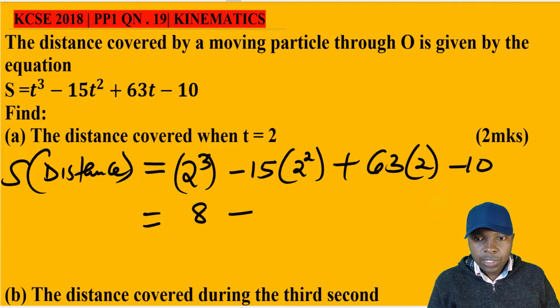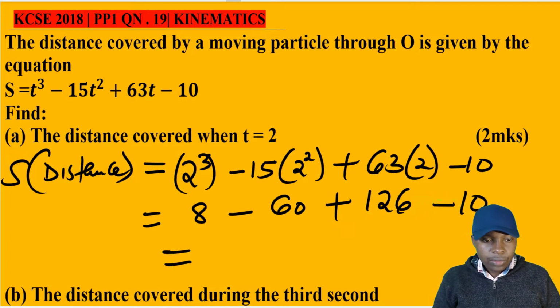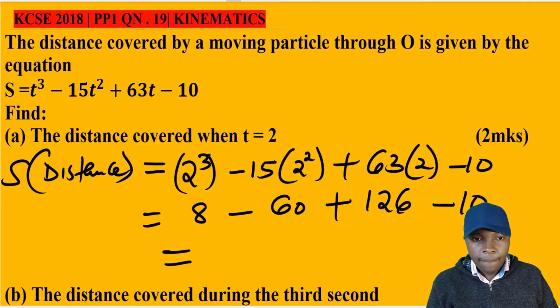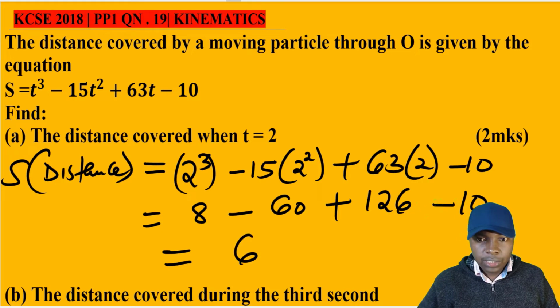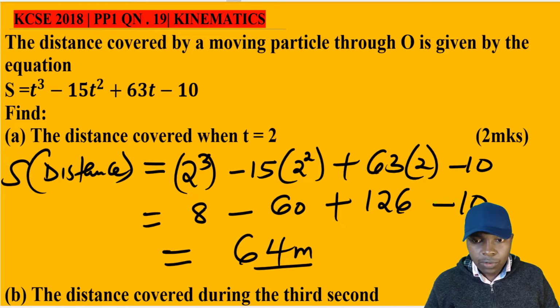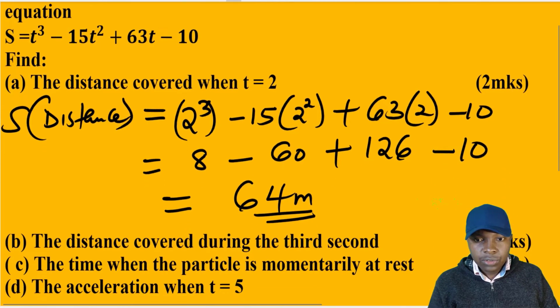This gives 8 minus 60 plus 126 minus 10. Working this using a calculator, you get 64 meters. That is the distance covered when t is equal to 2.